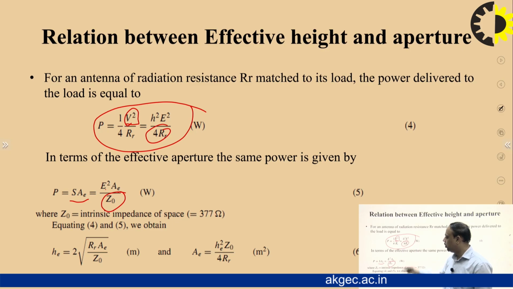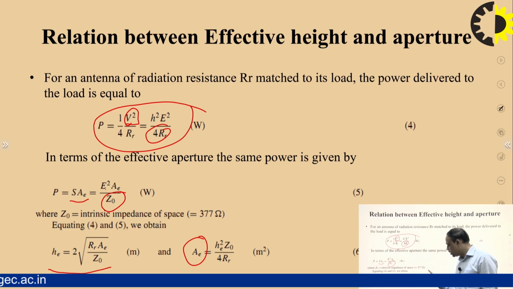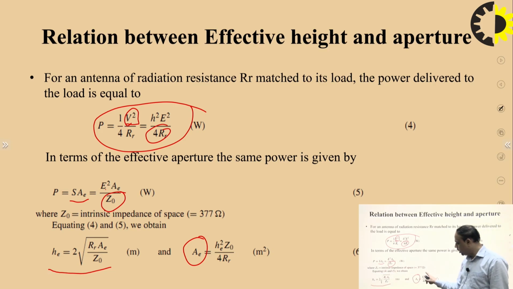So if we equate, we find that H, the effective height of the antenna, is equal to 2 times under root of radiation resistance into effective aperture divided by Z naught, or we can find AE, that is equal to H square Z naught upon 4 RL. So it is a clear relation between the effective aperture and effective height of the antenna.